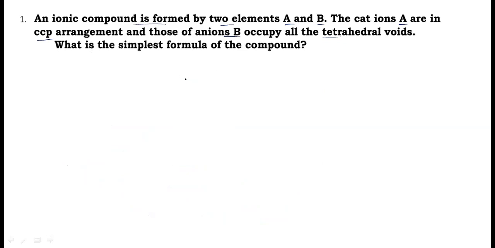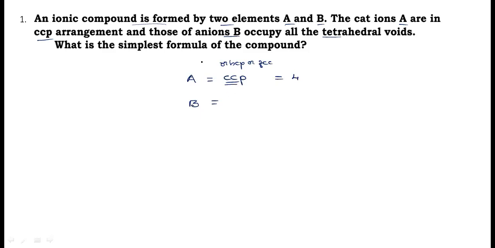Now, A and B are the respective elements of the ionic compound which is formed. The information about A is that A, as a cation, forms a CCP arrangement. We know that CCP, or HCP, or FCC represents Z value 4. As it is forming CCP, it is 4.